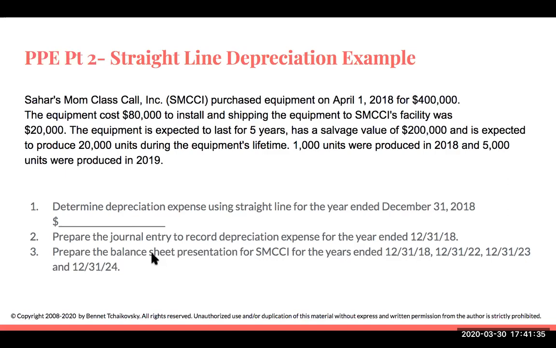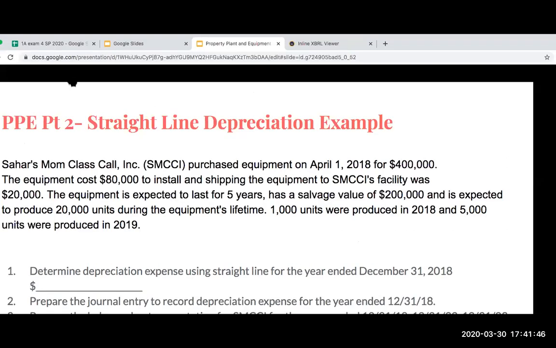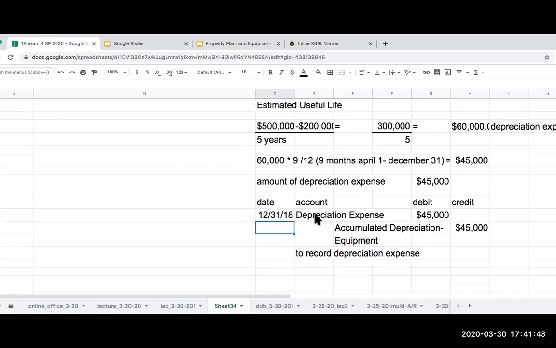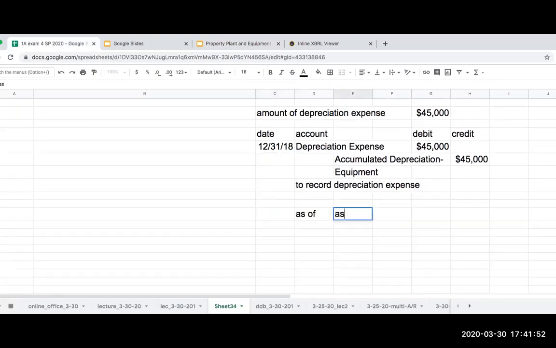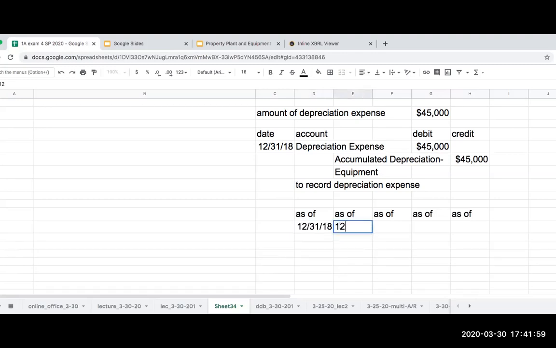So the next thing is that we're being asked for the balance sheet presentation for Sahara's Mom's Class Call Inc. for 2018, 2022, 2023, and 2024. What exactly do I mean? We have 12/31/18, 12/31/22, 12/31/23, and then 12/31/24.